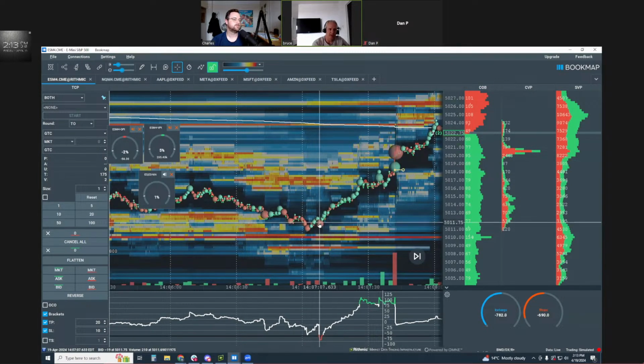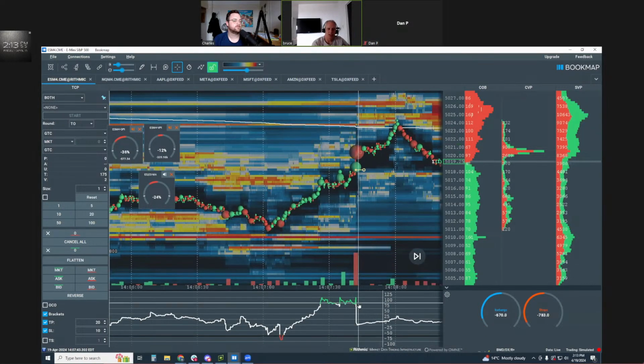So there was an imbalance on the sell side here, and then you can see some imbalances here on the buy side, and then right in here. That's pretty easy to see because the dots are just bigger, right? It just shows in the subchart as well that it's extreme. It's over 70% compared to the last 5-minute period, or the continuous 5-minute period.